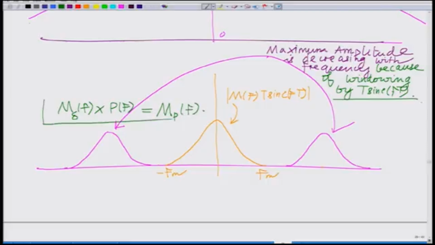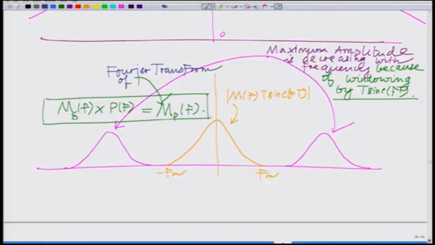This is the Fourier transform M P of f, or basically the Fourier transform of the pulse amplitude modulated signal. Now, obviously, to reconstruct the original signal, we have to isolate the baseband component, the copy of the spectrum around zero frequency. But now we also have to invert the distortion caused by the windowing by the sinc.